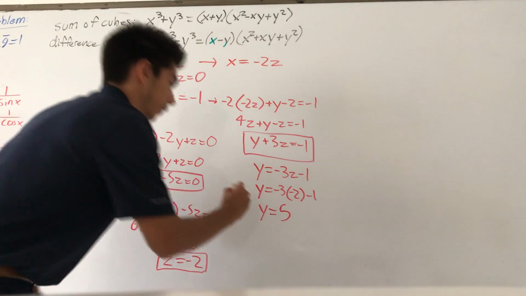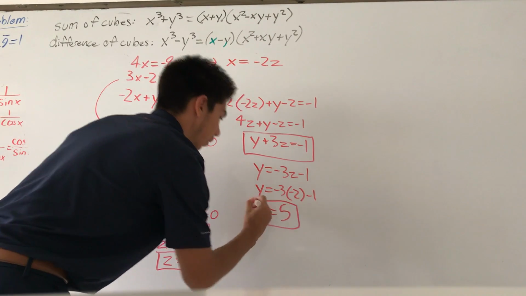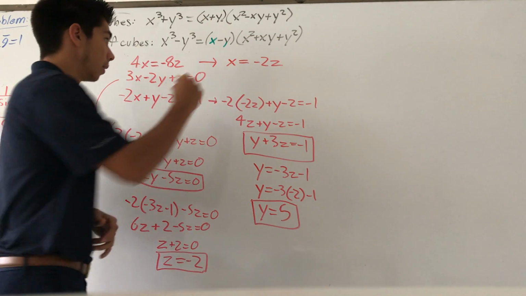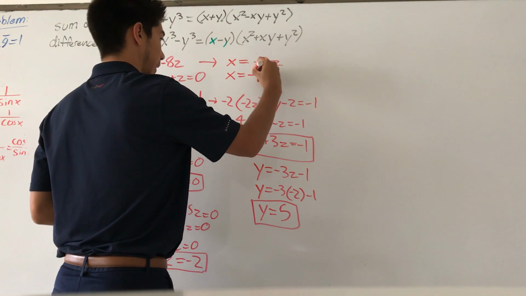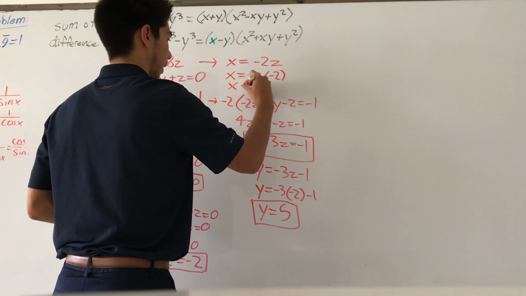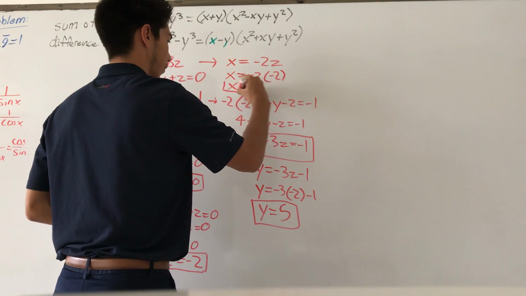And now I've solved for y. Since I already solved x in terms of z, I can just take this z and put it in here. So I get x equals negative 2 times a negative 2, so x equals a positive 4.